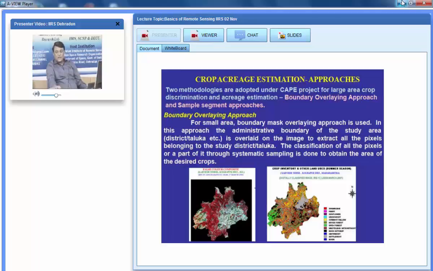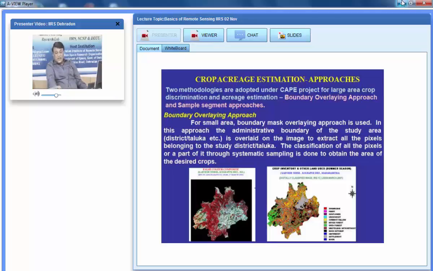Then ground truth corresponding to the same season was collected, and based on the ground truth, crop signatures were marked on the satellite image, and the computer algorithm, particularly MXL, the maximum likelihood classification algorithm, is driven by that ground truth.